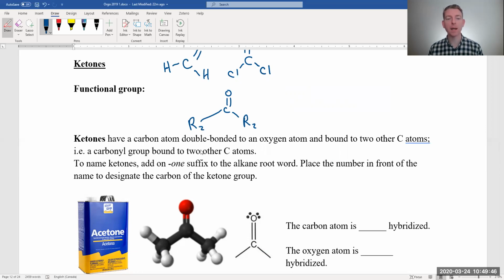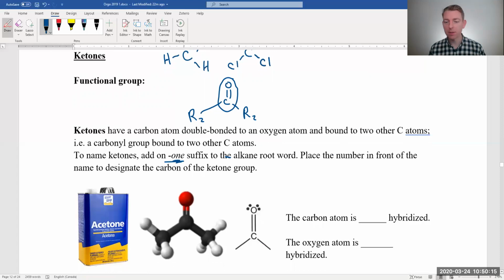So these have carbon atoms double bonded to an oxygen and bound to two other carbon atoms. So a carbonyl group, so this is the carbonyl, between two other carbon chains, okay? So to name a ketone, we just add an -one on the end of it, placing the number in front of the name to designate the carbon of the ketone group, okay? So we'll get to some examples.